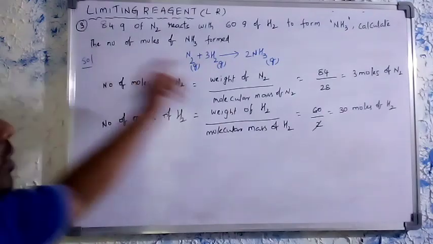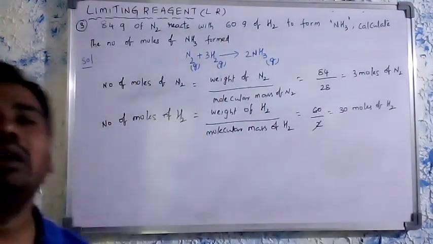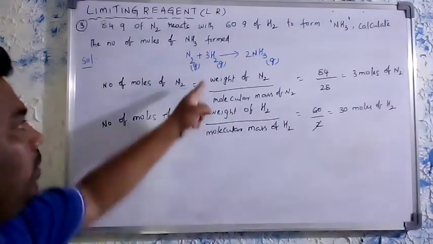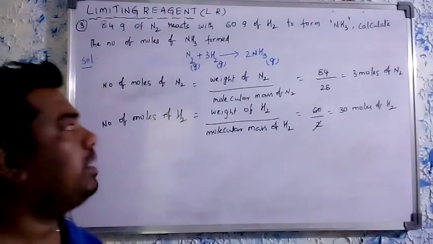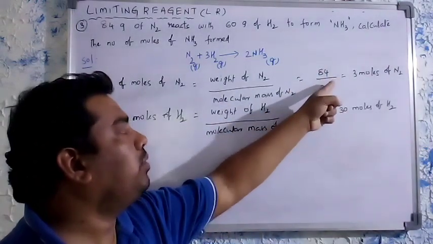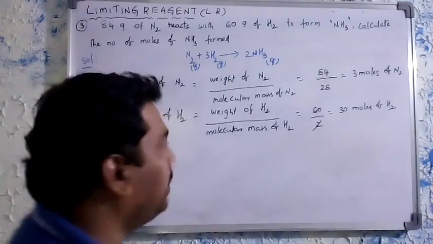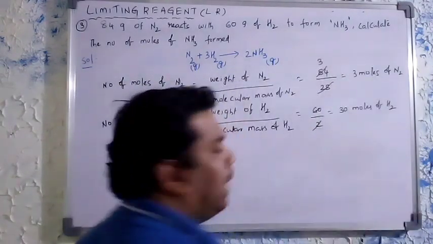is equal to weight of X divided by molecular mass of X. So weight of nitrogen divided by molecular mass of nitrogen is equal to 84 by 28. 28 ones are 28, 28 threes are 84. So 3 moles of nitrogen.